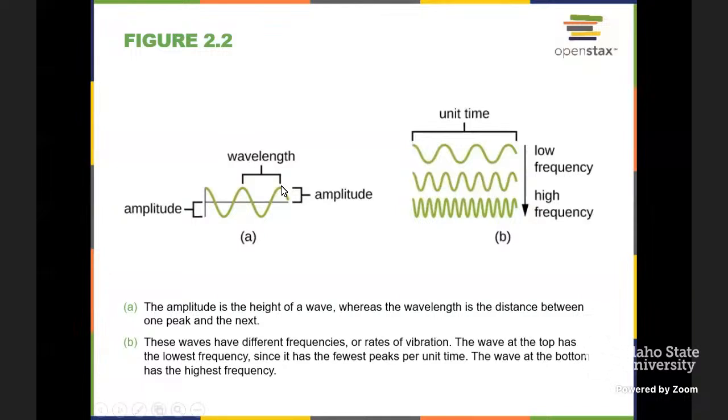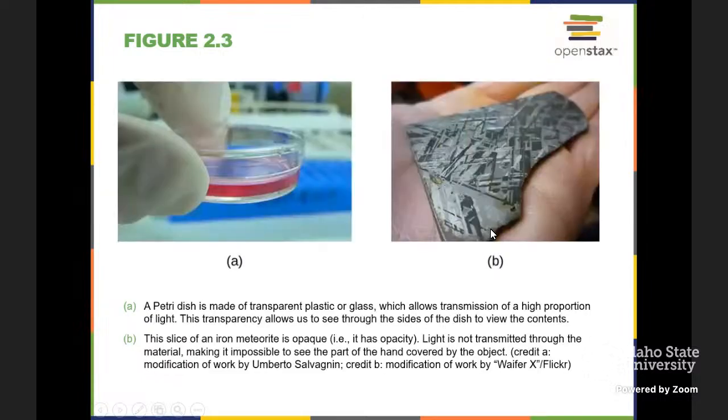And there can be variations in amplitude and wavelength, as we see over here, spaced out farther, lower frequency, lower energy, and super packed together, high frequency waves. And with that, we'll see here in a second the electromagnetic spectrum and the potential for what is visible. So there's also differences in this as well.